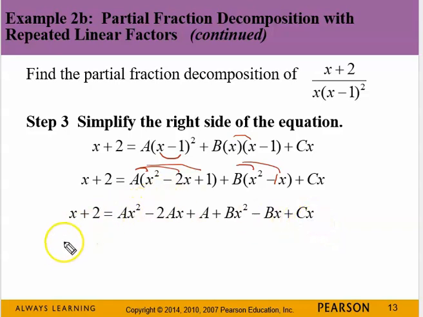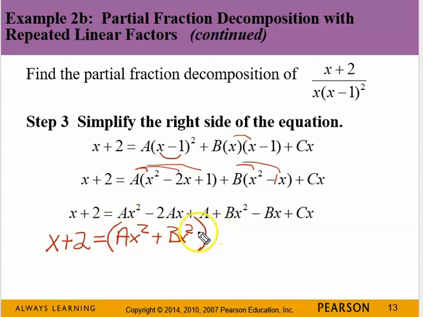Well, we're going to get all our terms together. So let's do that one before we see it. Now we've got a x squared, and we've got a plus b x squared that I'm just going to put in parentheses.